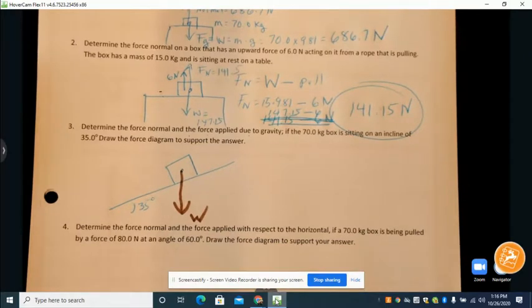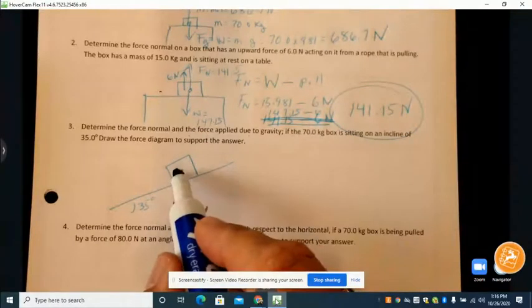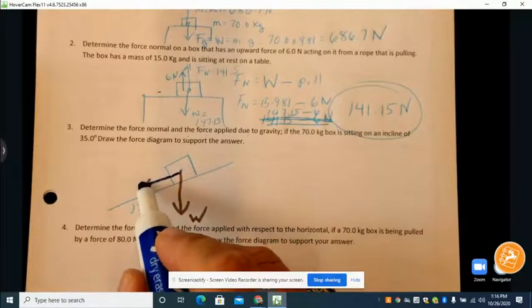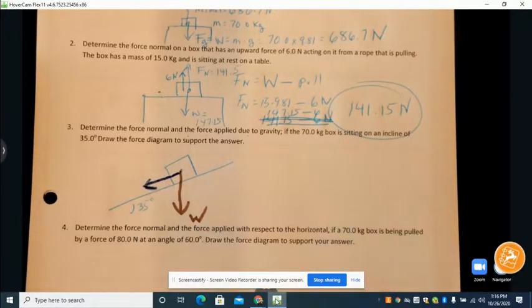Now, we tried to model this and hope we made this clear. When you're on an angle, some of the weight does what? Pulls it down the ramp. Okay? So some of the weight pulls it down the ramp. Now this force has a special name that we hadn't done yet.